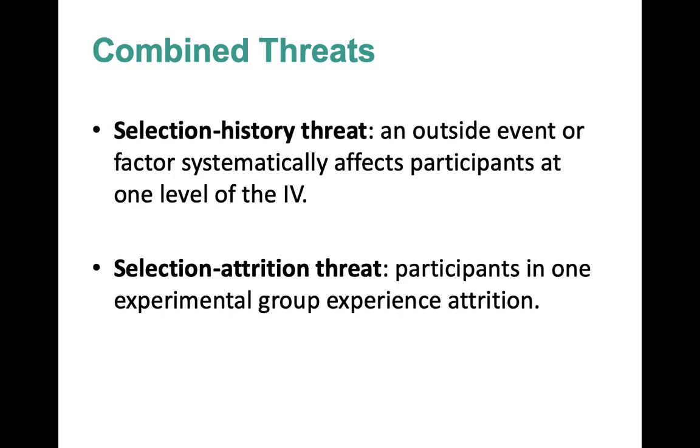It's also possible to get a selection attrition threat. This would be where you have participants in one experimental group experience attrition, but participants in the other group do not. So here's our example with this. Let's just say you're going to do a study on the effectiveness of two different treatments for depression. The first treatment is just basically a standard cognitive behavioral therapy plus medication where participants go to therapy sessions.